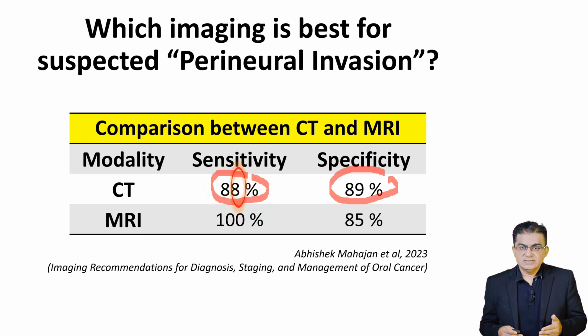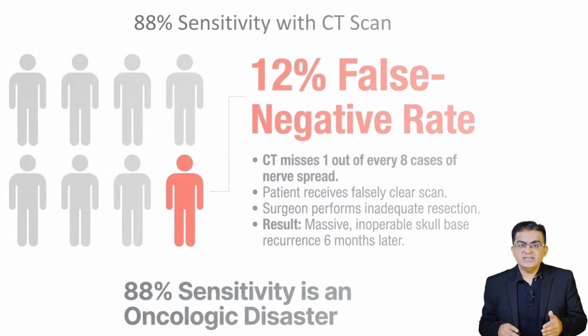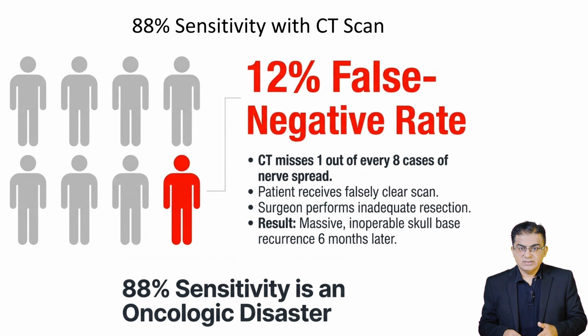This means out of 100 patients who actually have their cancer spread to nerves, the CT scan will successfully spot it in 88 of them. But it completely misses the other 12. That means you have a 12% false negative rate.